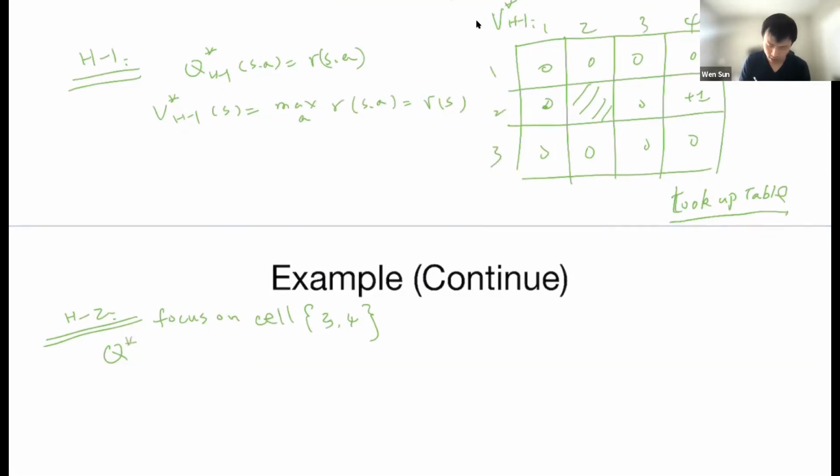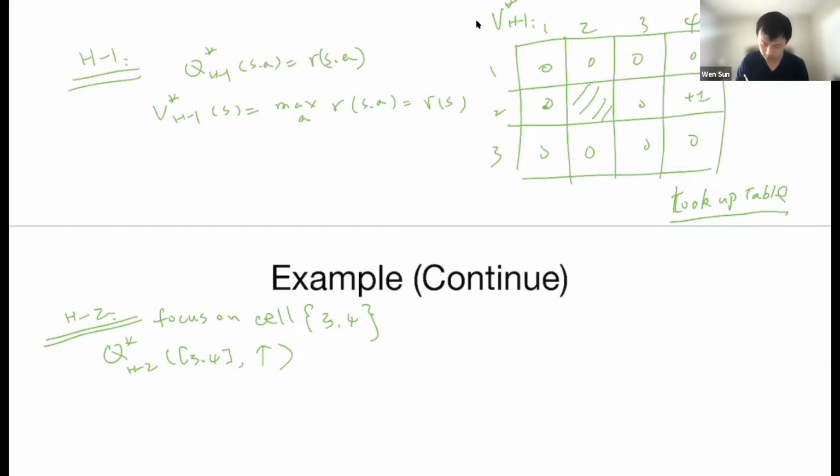So Q star at capital H minus 2 of (3, 4), let's see if we take action up. We care about the value at cell 3, 4, the bottom right corner, and we try an action that goes up at this time step. By the transition operator, we know that if we take action up at this particular cell, at time step capital H minus 1 we're going to reach the cell indexed by 2 and 4.